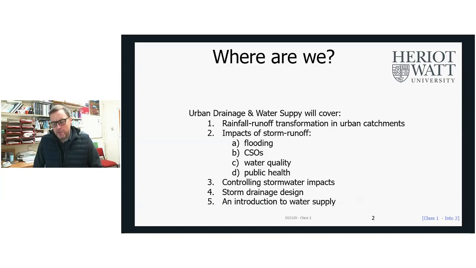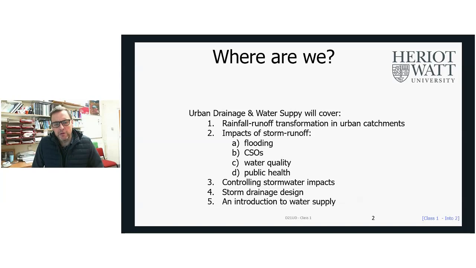So where are we? This slide is really just an overview of what the course as a whole is about. Over the next 12 weeks or so, we'll look at the rainfall runoff transformation process in urban catchments. That's about how we estimate how much rainfall falls in a catchment, and then the processes involved in converting that rainfall to runoff and the things which influence that process.